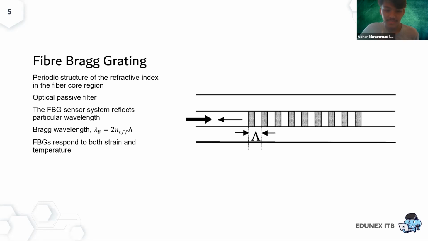And it is stated by the equation on the left: the Bragg wavelength is two times the effective refractive index times the grating periodicity.